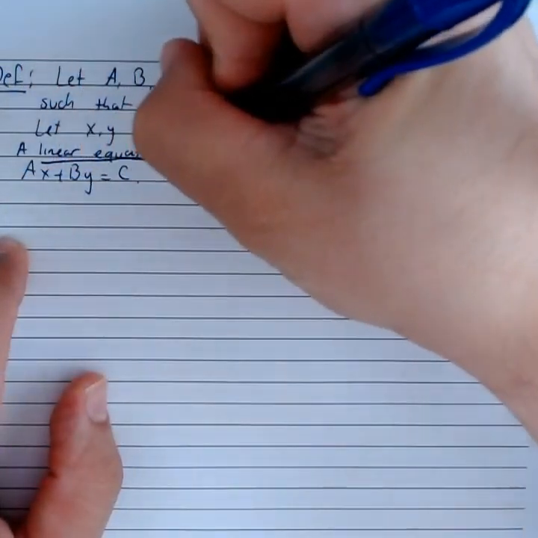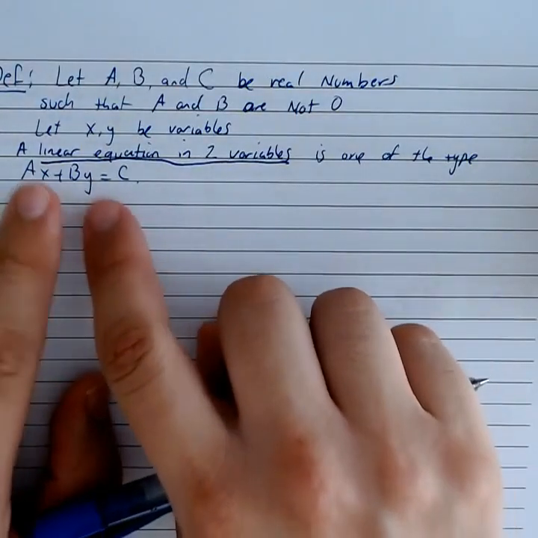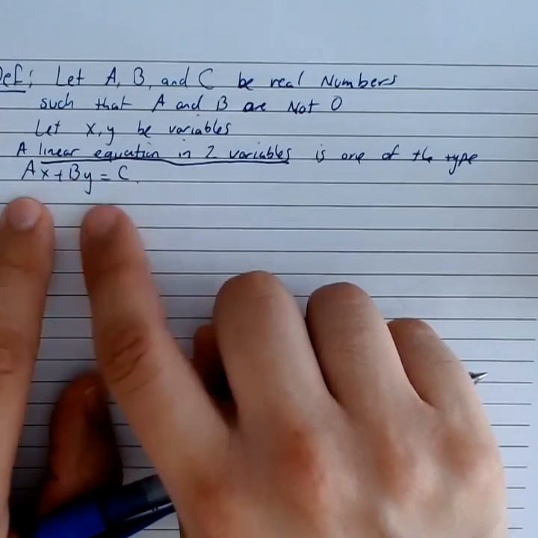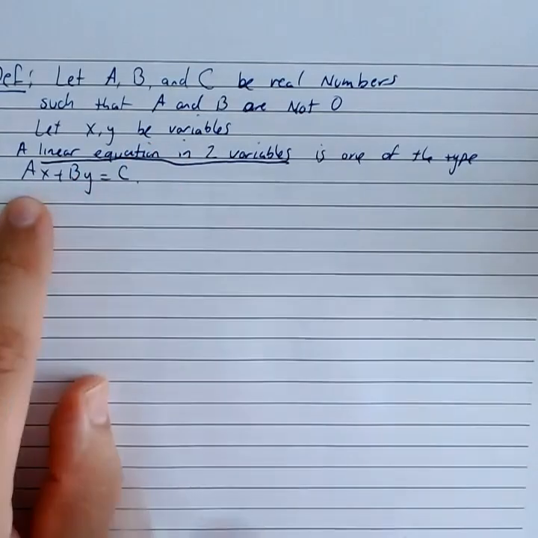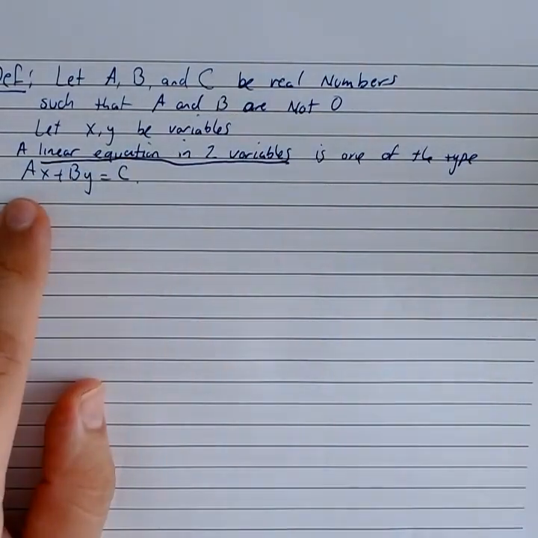Here we specify in two variables because in later courses, and in fact at the very end of this course, we may see some equations which are in three variables, an X, a Y, and a Z, or something like that. But for now, we're going to stick entirely with linear equations in two variables.